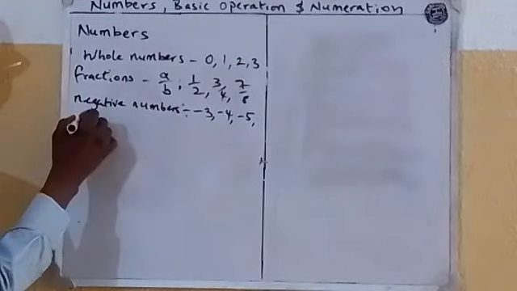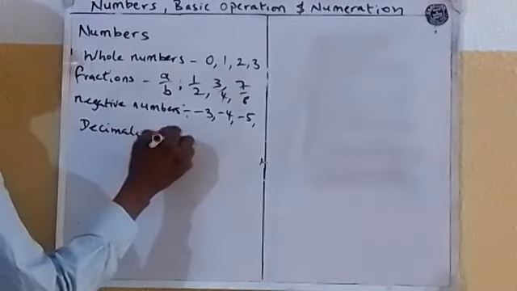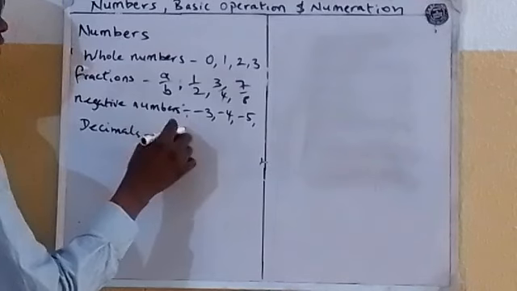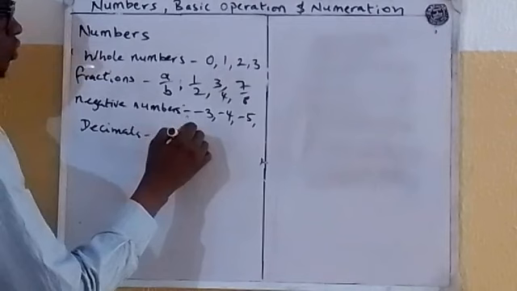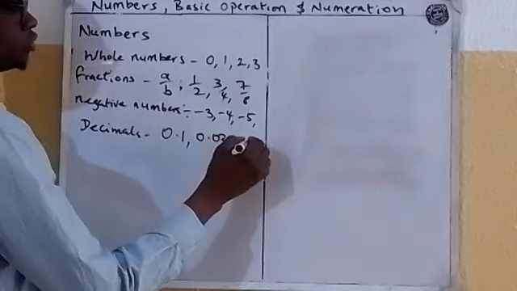Then you have decimals. Decimals are written in a form that has a point in between numbers, like 0.1, 0.02, 3.45.